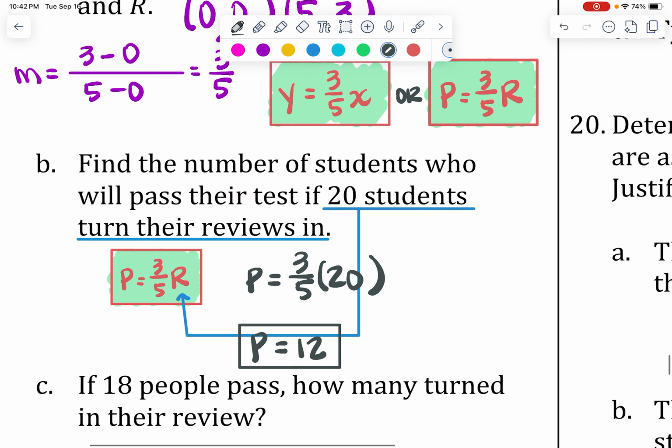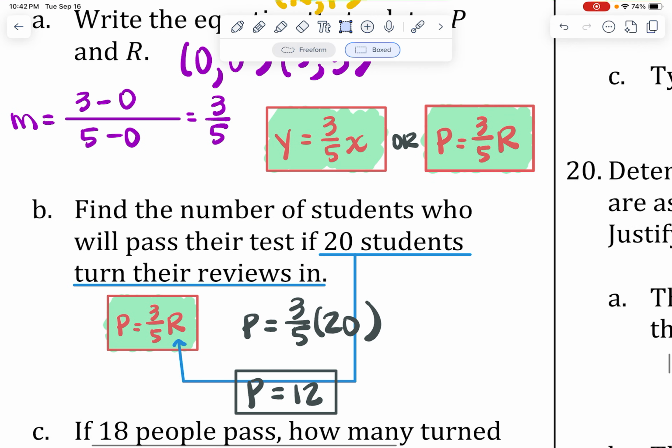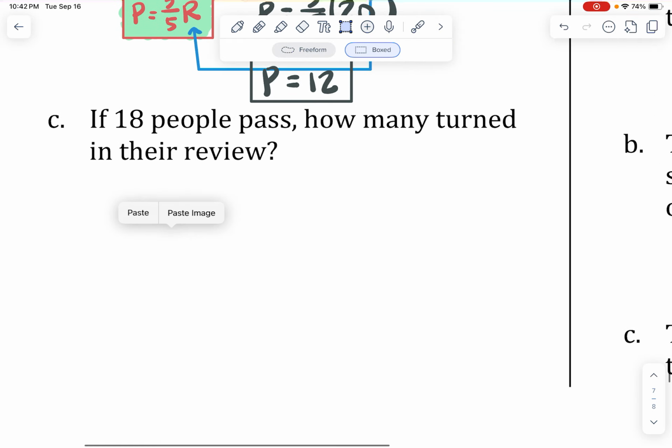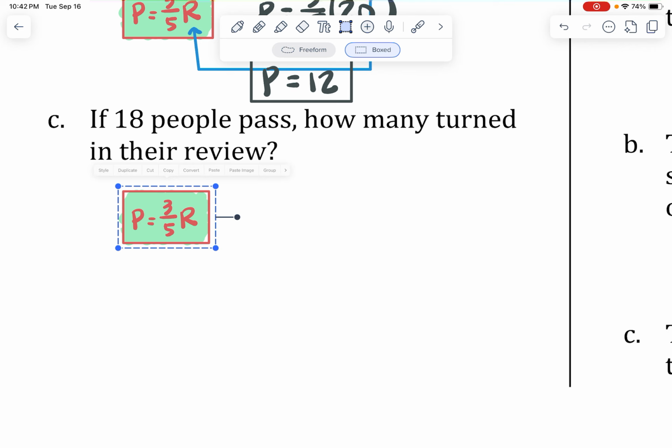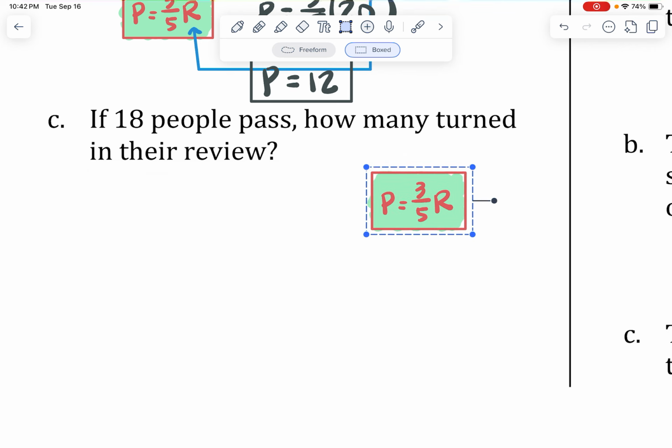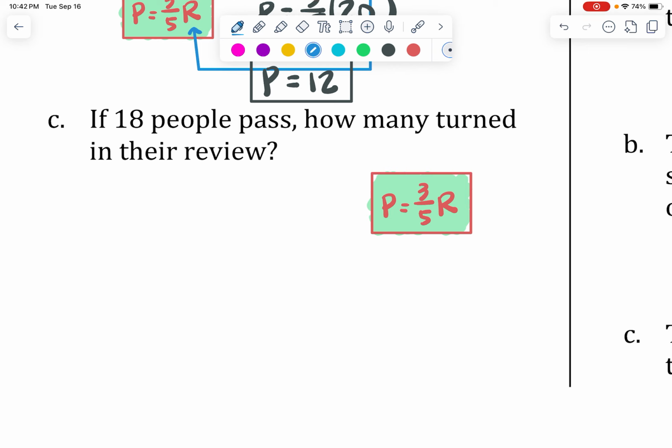All right, let me copy and paste this again. Paste it down here. Now I'm going to scoochie him over here. So now it says if 18 people pass. Well, that's giving me the value for P because P is people who pass.